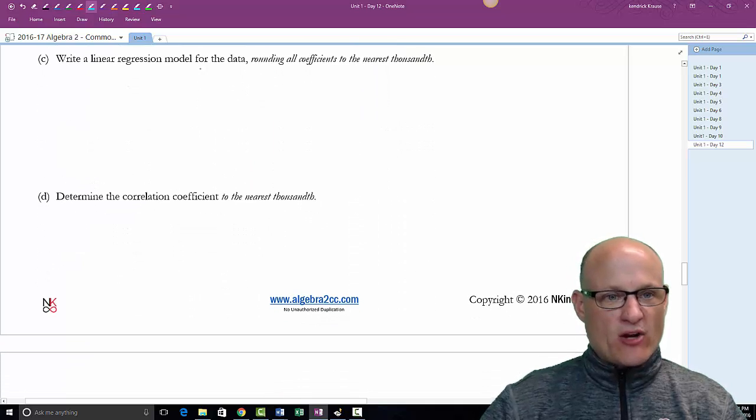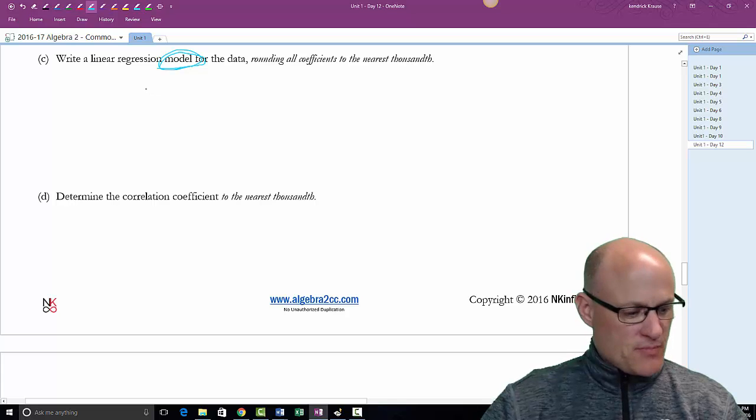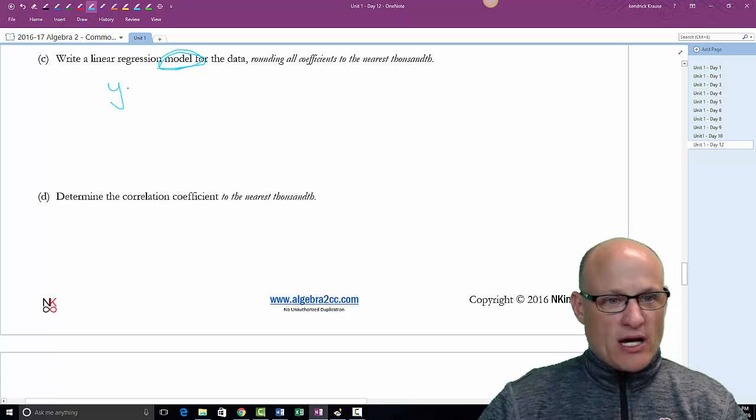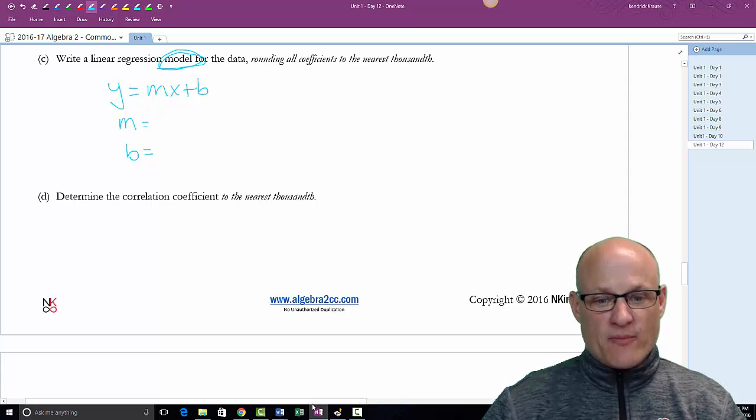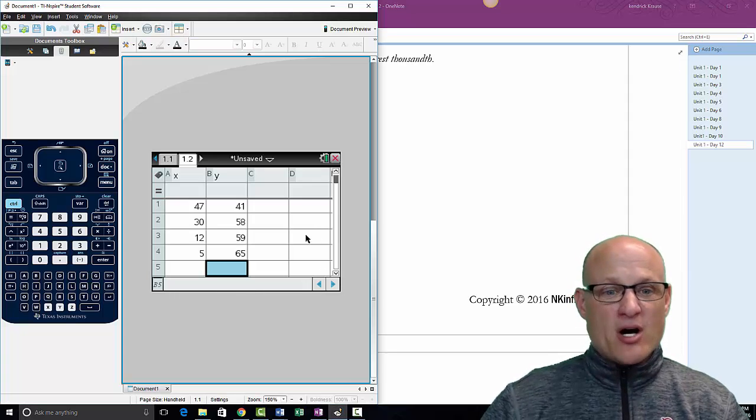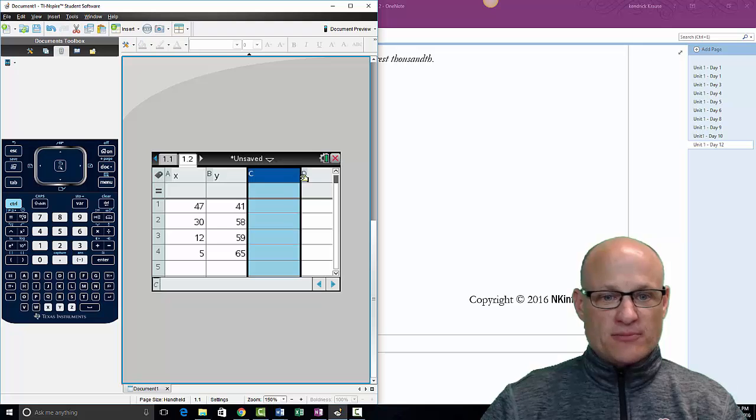So we want to write our linear regression model for this. When it says model, what they're really looking for is an equation. So I know it's going to be y equals mx plus b, where I need to know what m is and I need to know what b is. Now when you write them from the calculator, write them unrounded if possible.